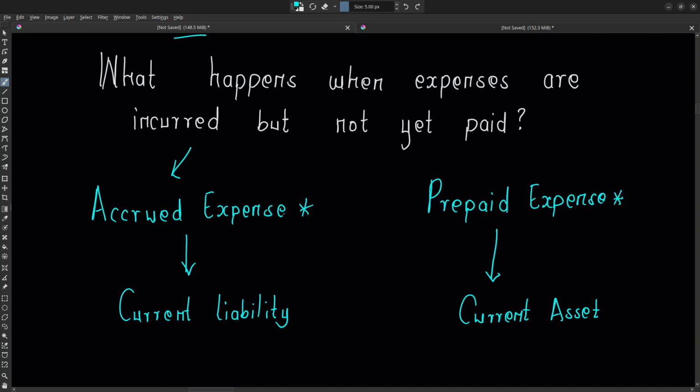One is you have incurred the expense, which is accrued expense, but you have not yet paid for it. For prepaid, as the word says, you've paid for it, but you're yet to receive the benefit. Accrued expense is a current liability, and prepaid expense is a current asset, okay?